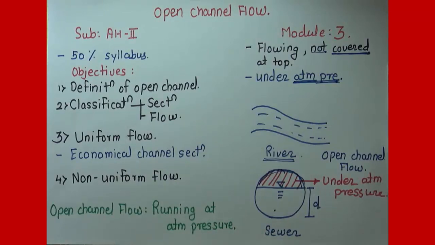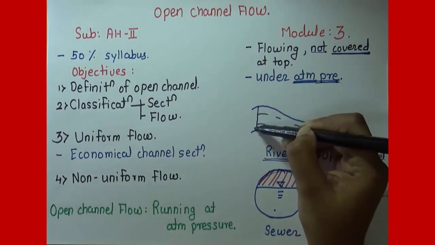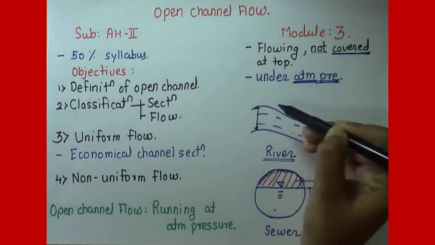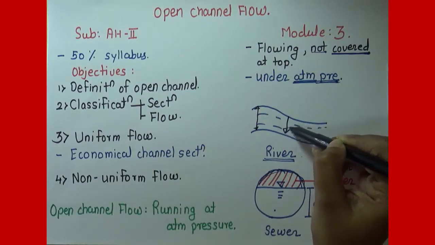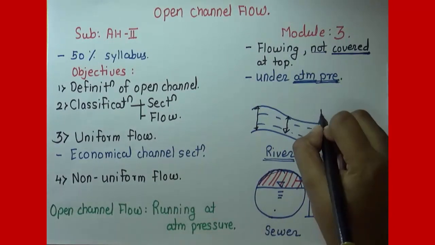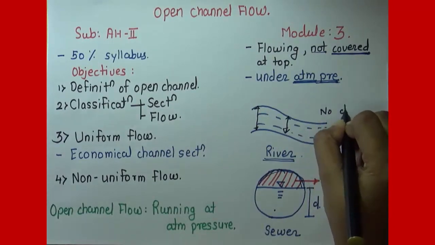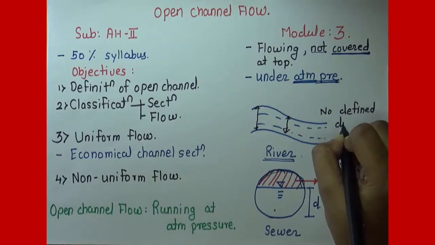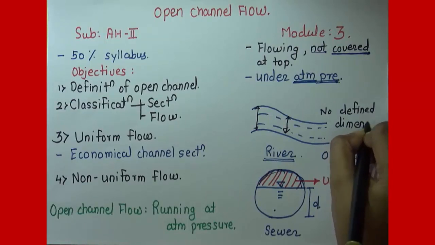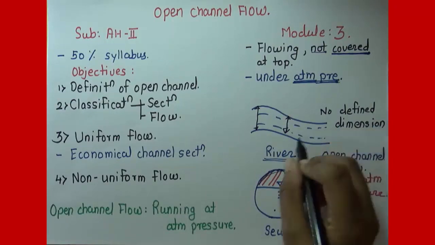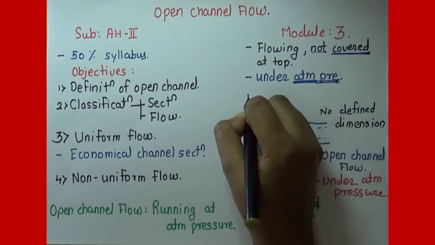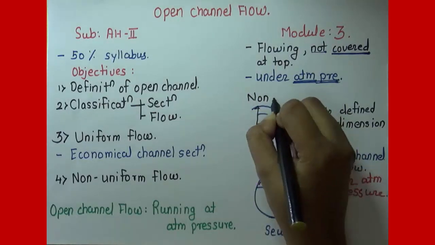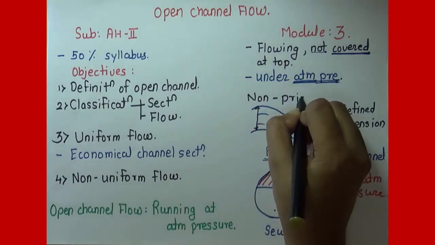Now let us further analyze these two examples. One is of river and the other is of sewer. As you can see, the river has no particular defined dimension. Here there is no defined dimension. So the river is usually called a non-prismatic channel.